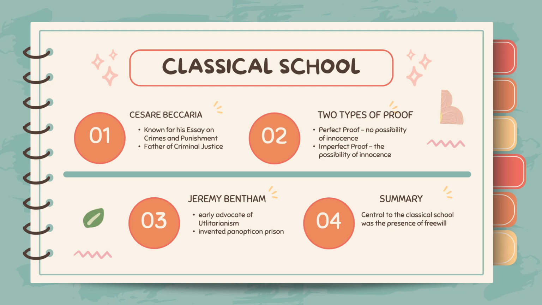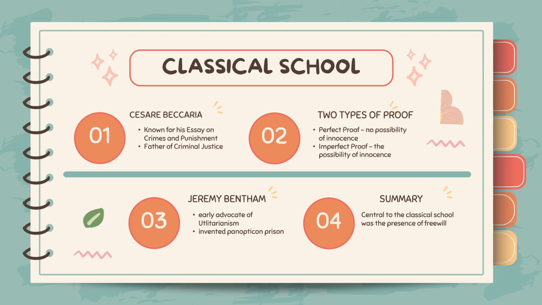In the classical school, it states right here that it focuses on the crime being committed by an individual. It has been said that an individual is a rational being, and the crime is the result of free will. And Cesare Beccaria is regarded as the father of criminal justice.